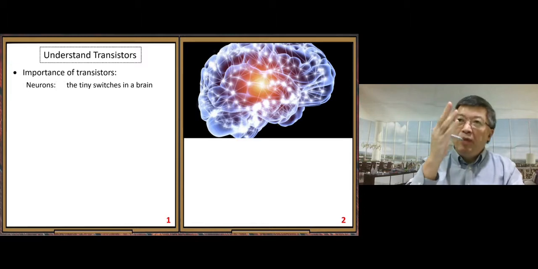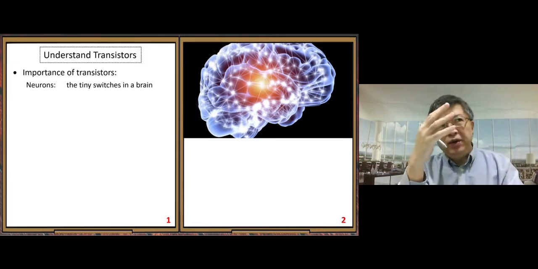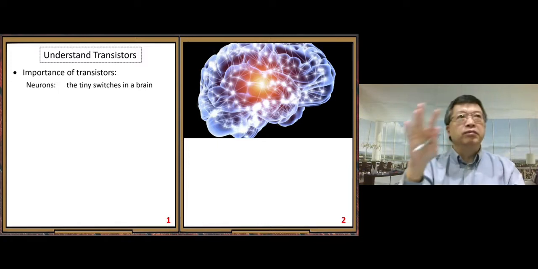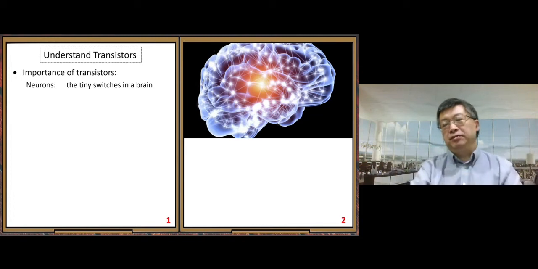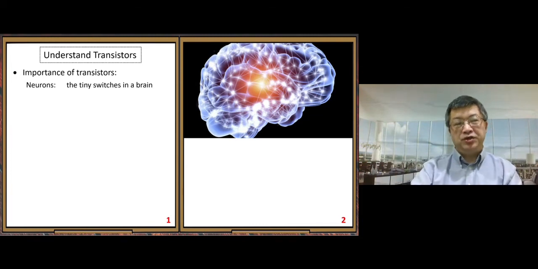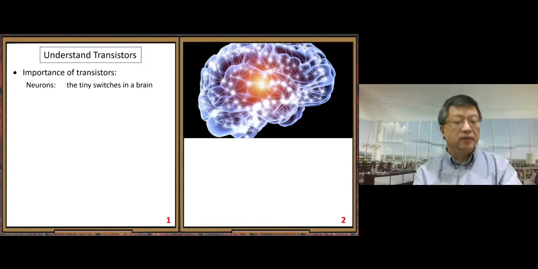If we can represent two different states clearly, we can use that to form a lot of complicated signals. So that's the role of neurons in our brains.